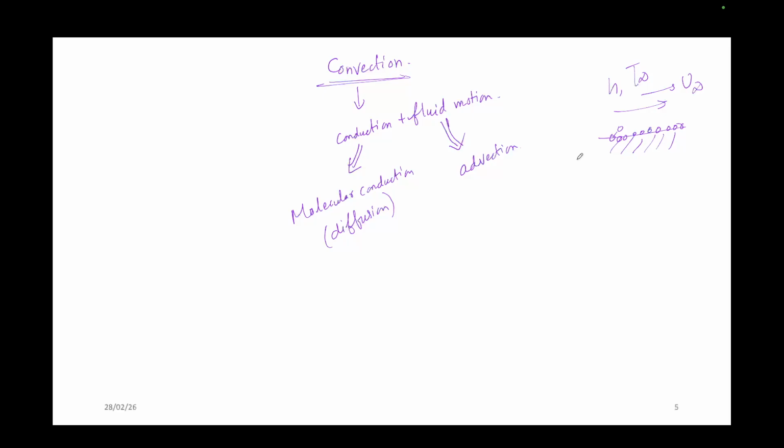What I have said is that molecular conduction is because of the molecules at the interface, from the interface to the fluid. In each of the fluid molecules there is certain conduction. That conduction is also considered in the case of convection. So convection is not a solo heat transfer mode, it depends on conduction plus fluid motion. Okay.